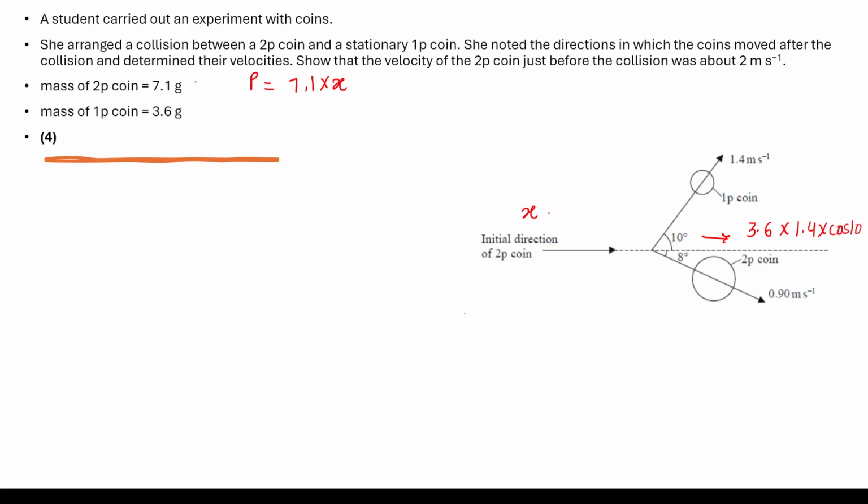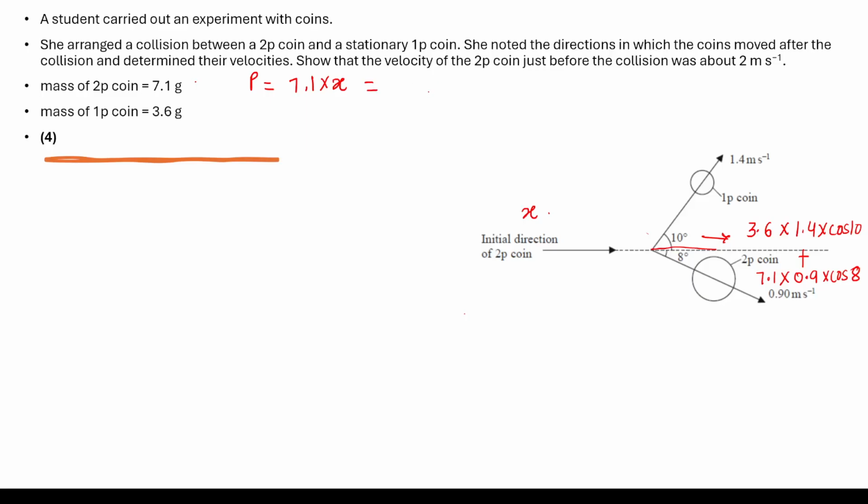Remember, the side touching the angle is always cos. And then plus the 2p, which is 7.1 times 0.9 times cos 8. So that's my final momentum in the x direction.